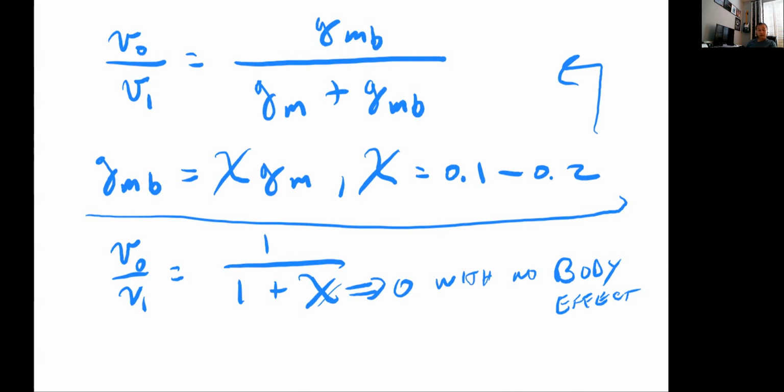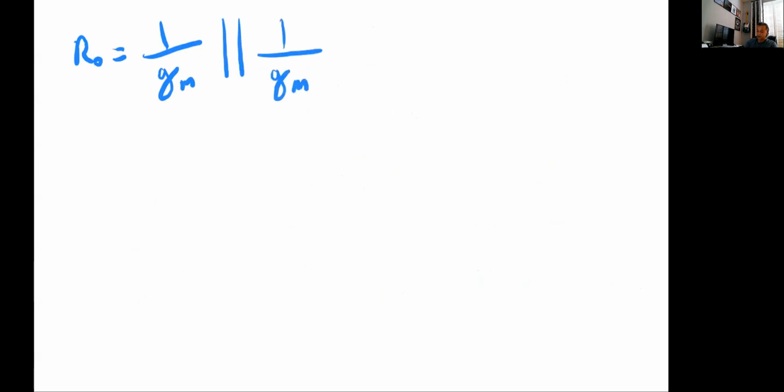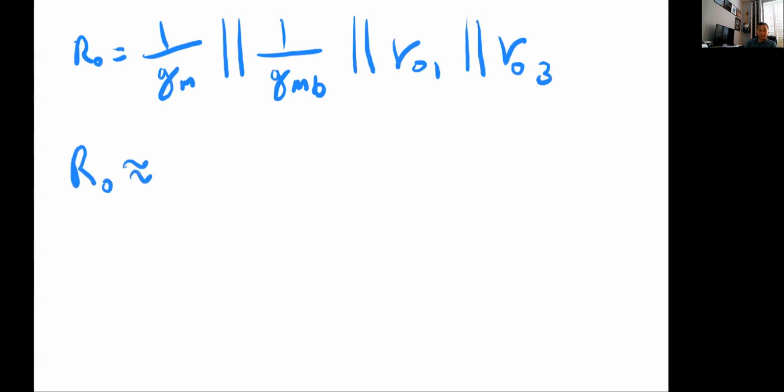And then my output resistance is going to be the parallel combination of 1 over GM and the effect of GMB, which is close to 1 over GM plus GMB.